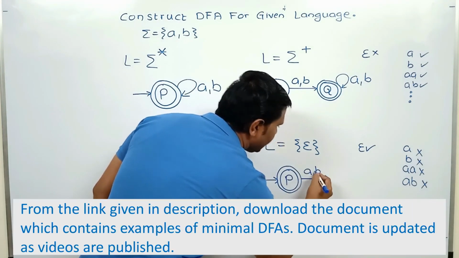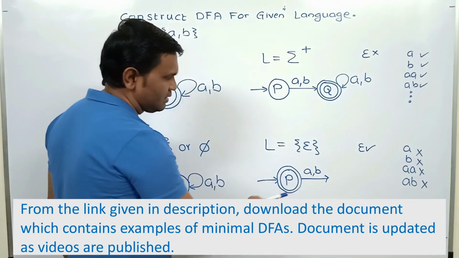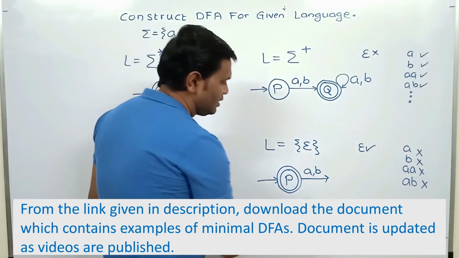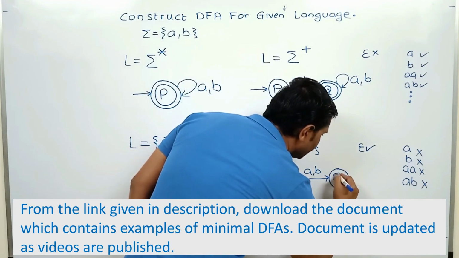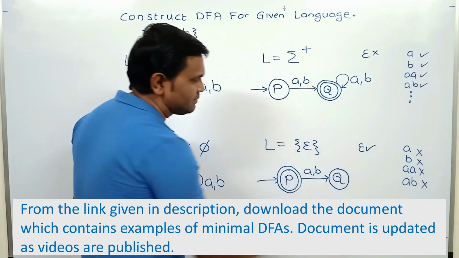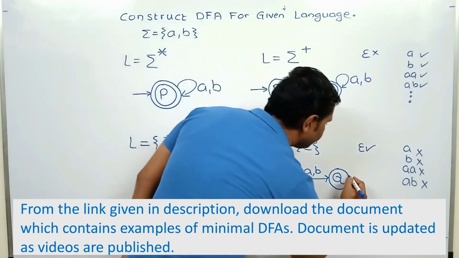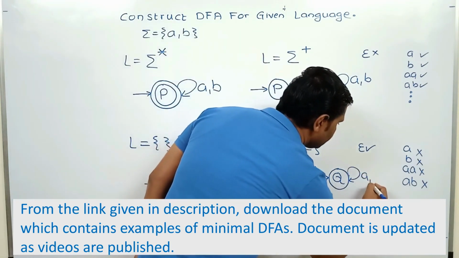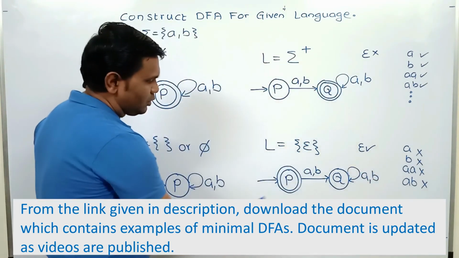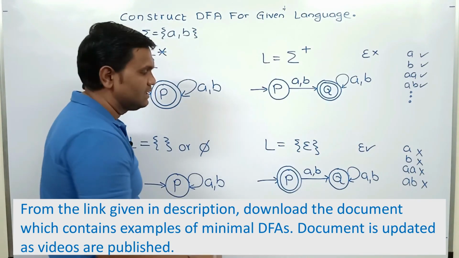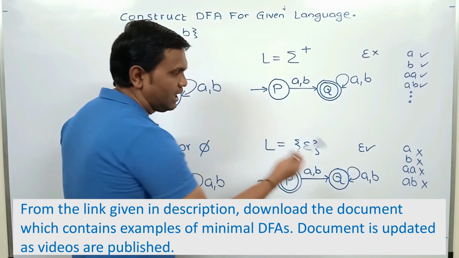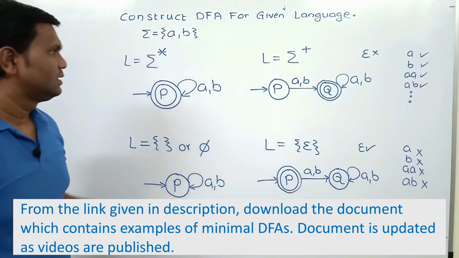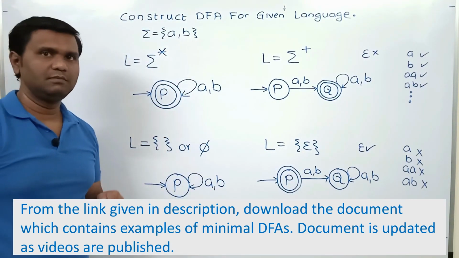Now after that anything comes, we have to reject the string. So we go to a non-final state Q. And this is the trap state or dead state. So epsilon is accepted in P itself. After that anything comes, we go to trap state Q and we reject the string. So these are some examples of minimal DFAs.